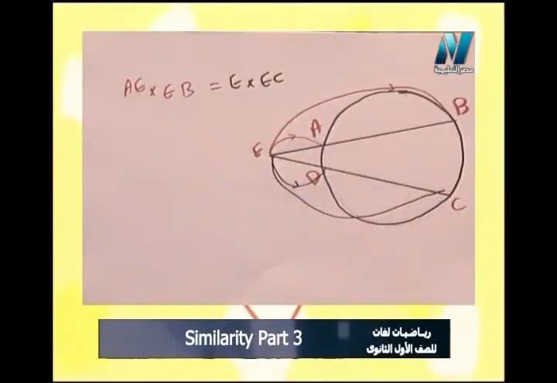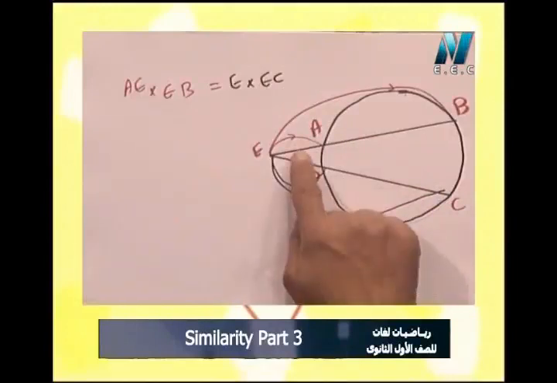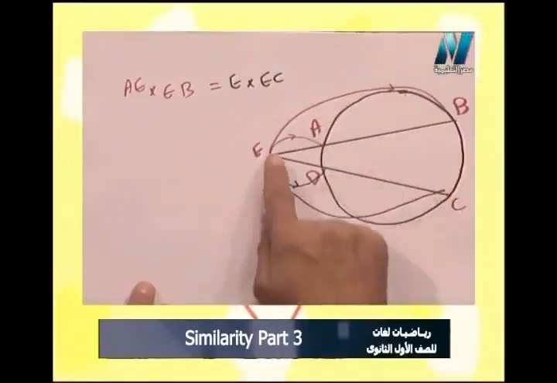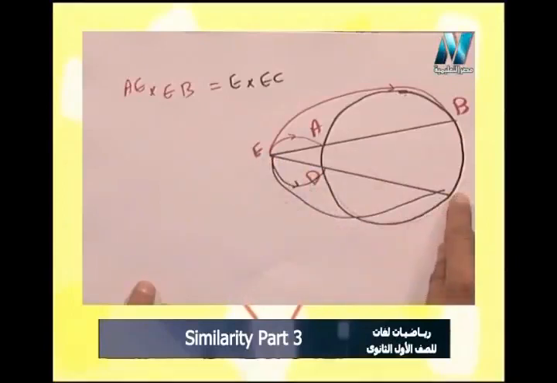Why has this happened? We will find out why this part multiplied by this part equals the small part multiplied by this part. Also from similarity.